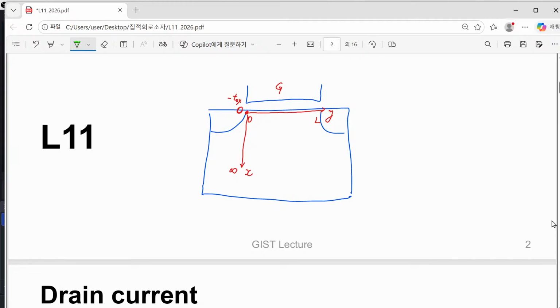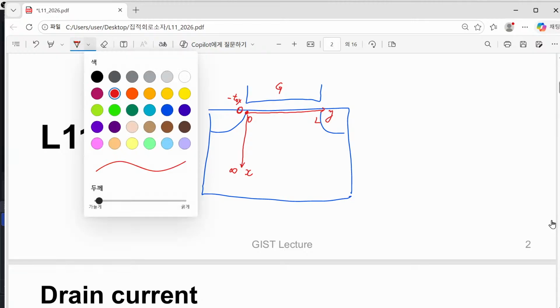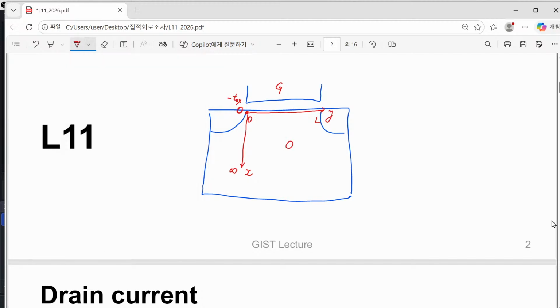So it becomes just a two-dimensional problem. However, this two-dimensional problem is still difficult to consider. Within this system, we have to understand the potential everywhere as a function of position x and y, and we must also consider the electron quasi-Fermi potential, which is a function of x and y. In order to solve these two quantities, we have to solve the Poisson equation.